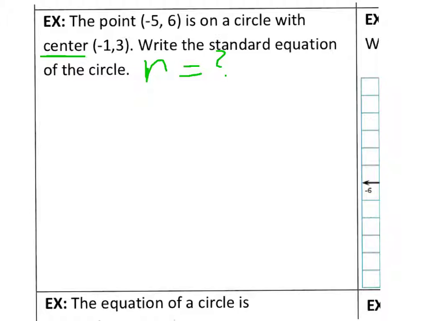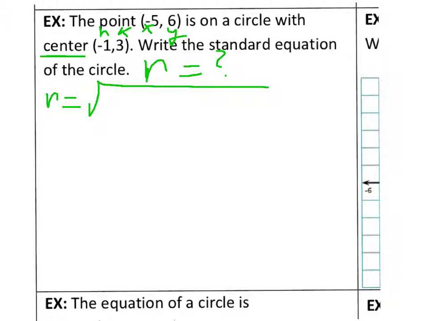You can do r equals square root of x minus h squared plus y minus k squared. Exactly. If we flip back to that equation that we learned in the beginning, here's my x, here's my y, and here's my h, here's my k, right?